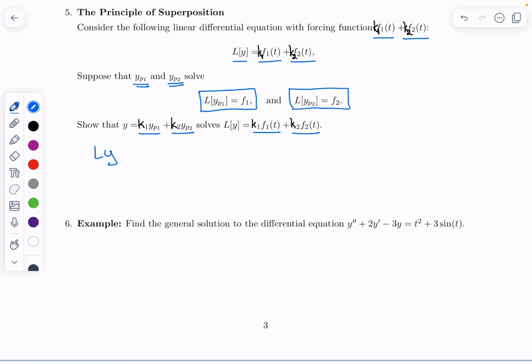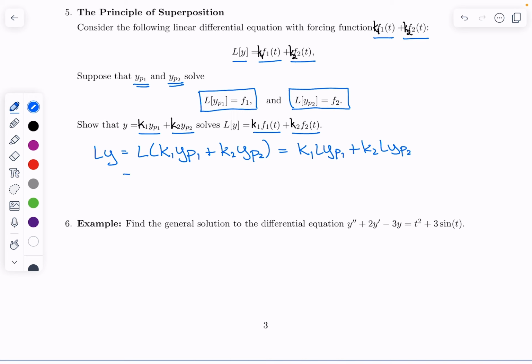If I apply L to y, I'm going to get L applied to a linear combination of my particular solutions, k1 yp1 plus k2 yp2. And if I distribute the L, that becomes k1 Lyp1 plus k2 Lyp2.